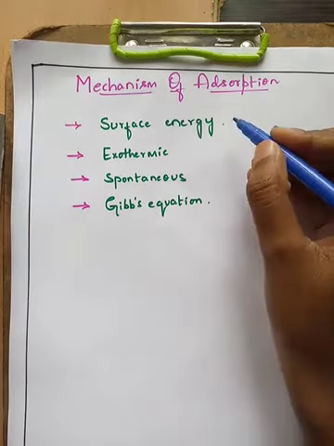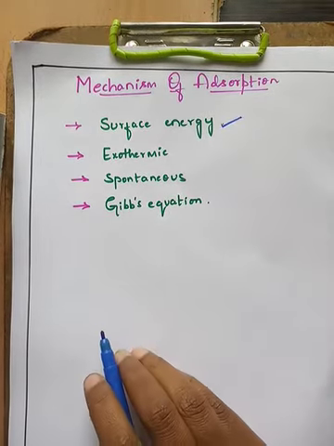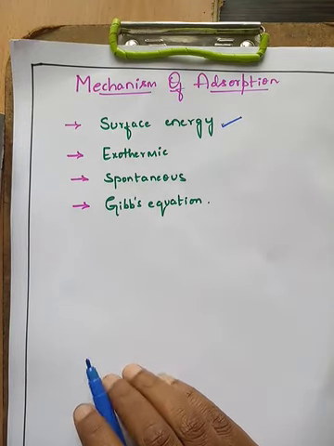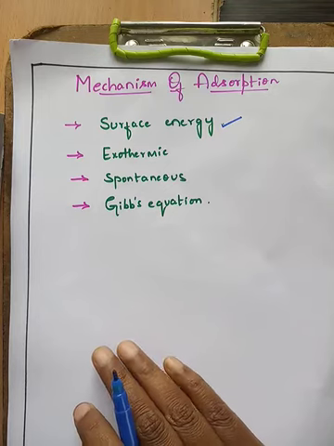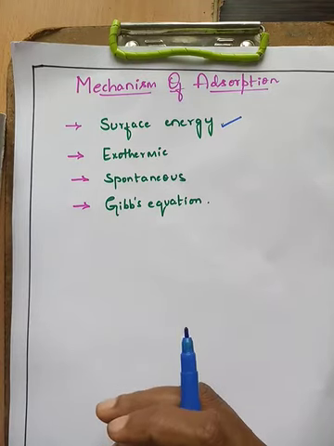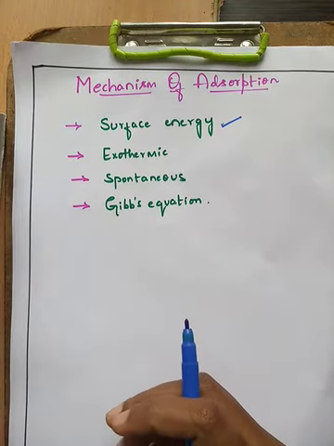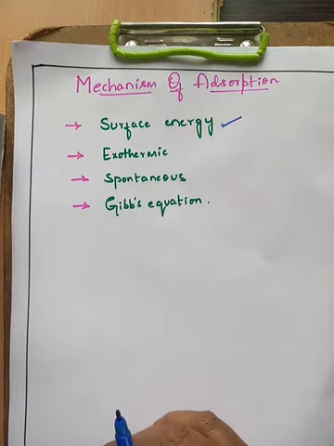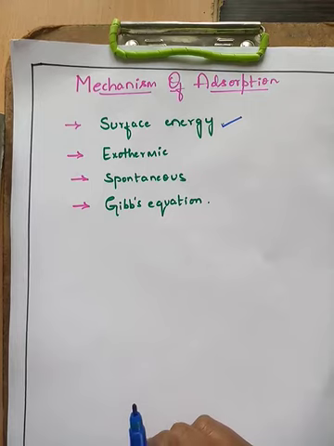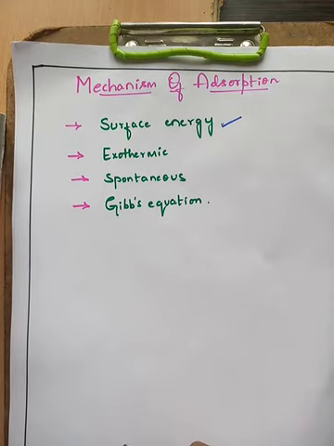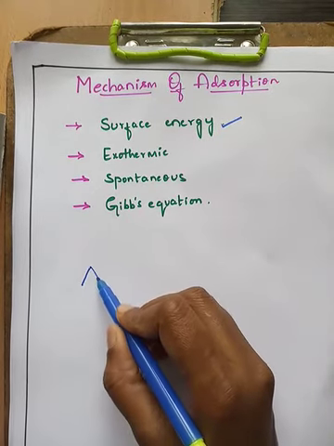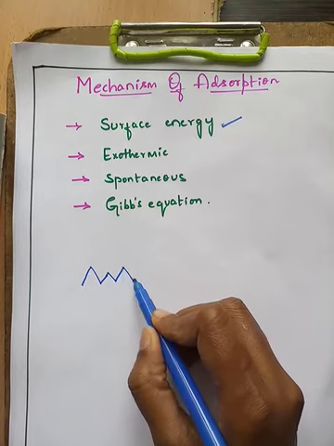So coming to the surface energy, the surface of the solid is always imbalanced. It will not be even. Whenever we get a new surface, the surface will have an imbalanced energy. So in order to balance it, the surface of the solid always attracts the adsorbate towards it to adsorb. For example, consider this as the surface of the solid.